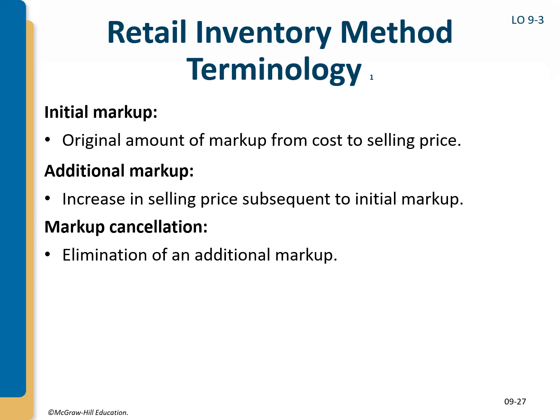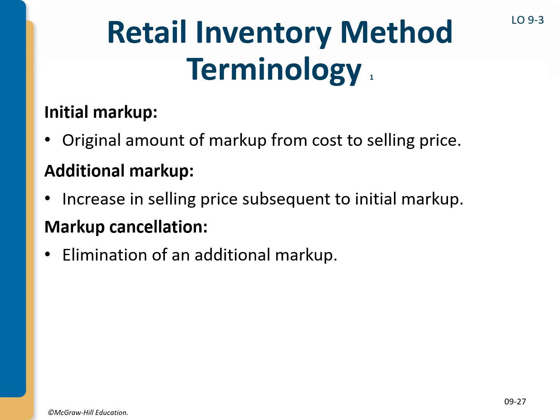No. Here's what it is. The markdown from 50 to the original selling price, so that would be 20, that's a markup cancellation. So it's when they eliminate the additional markup. So that's number one. And then the price decrease from the original selling price of 30 down to 25 is called a markdown, an additional markdown.